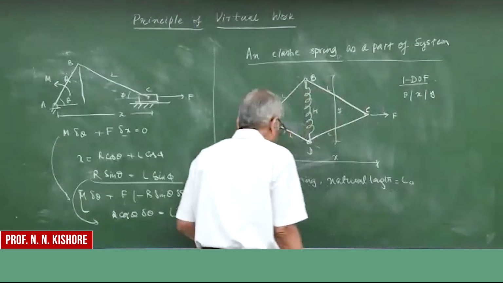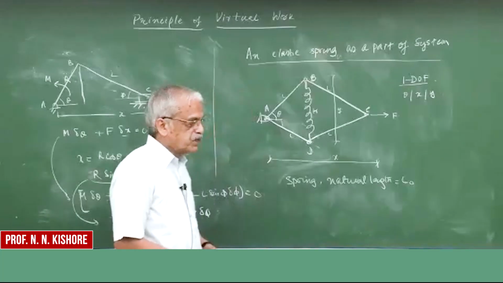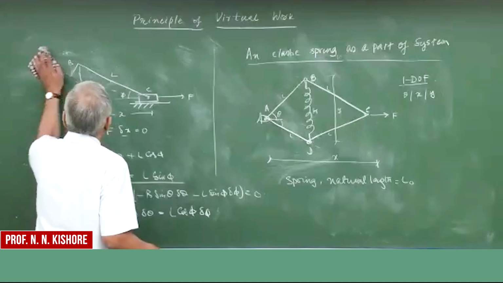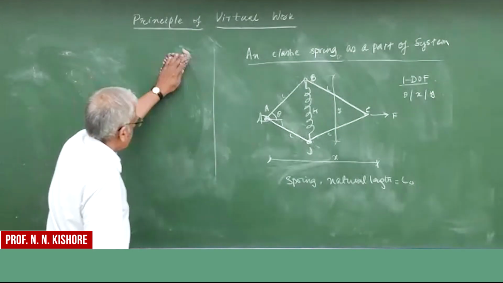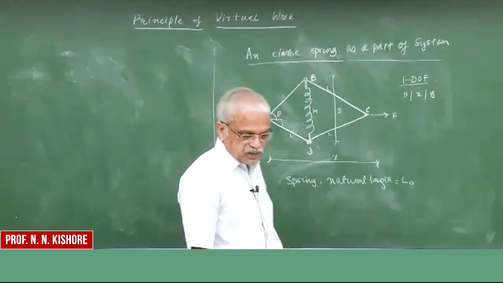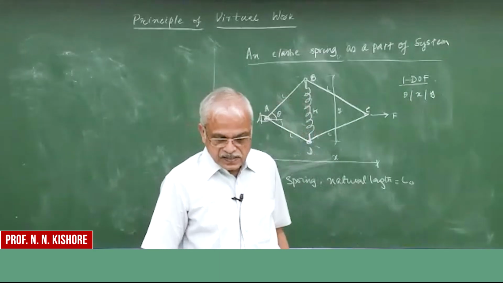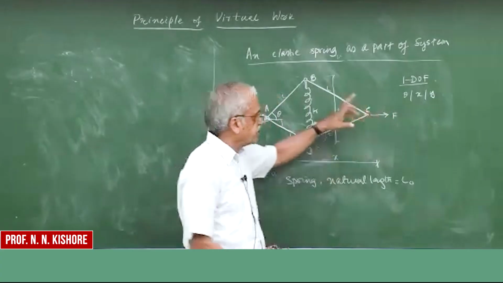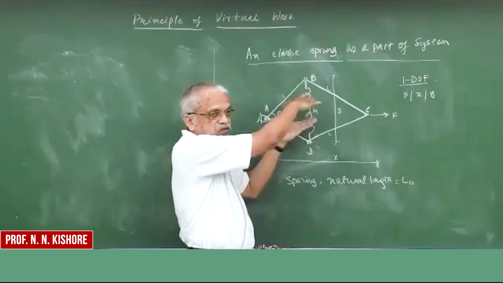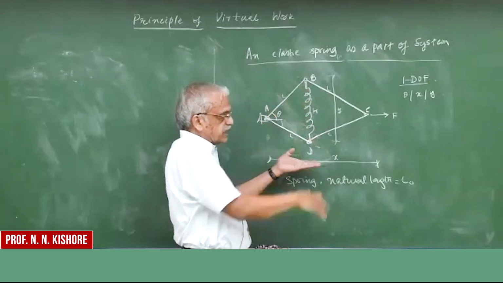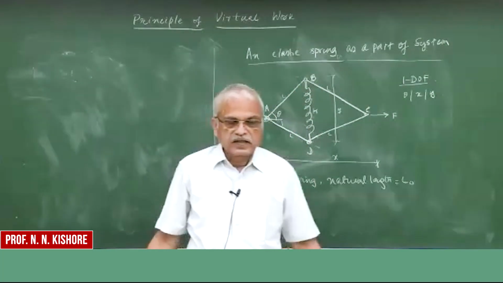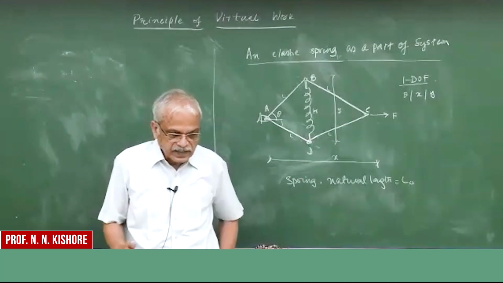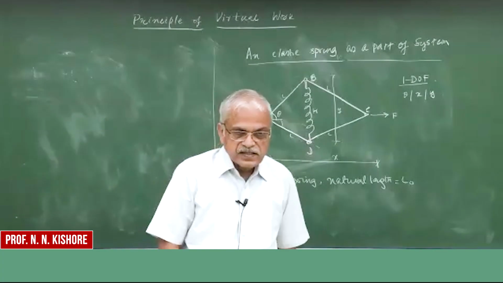Okay, so if you want to apply this principle of virtual work to this system, the principle is slightly modified. Once you have an application of F, the spring also gets deformed. You know that when it gets deformed, a force is generated, or we can even say that this spring is a conservative element.